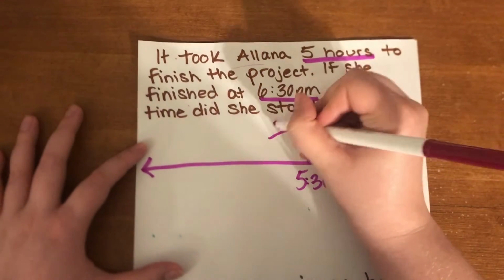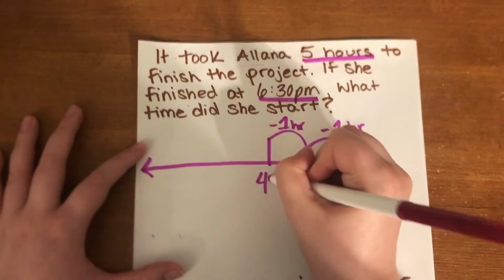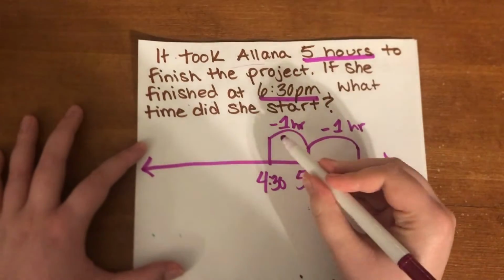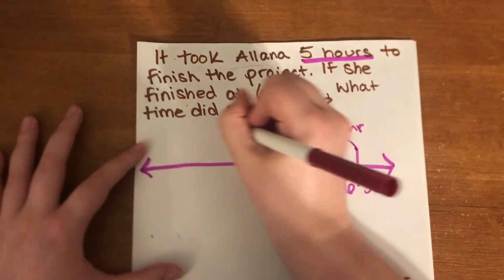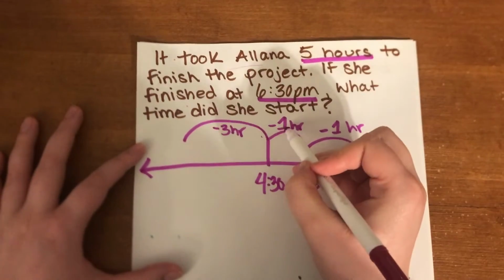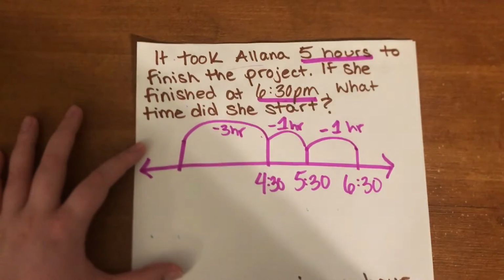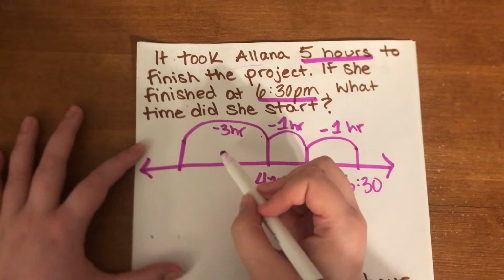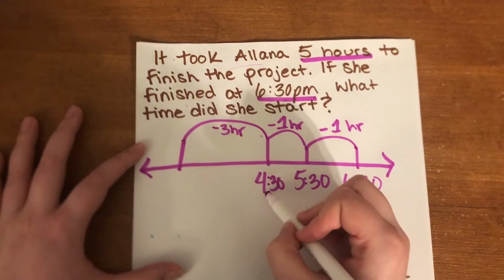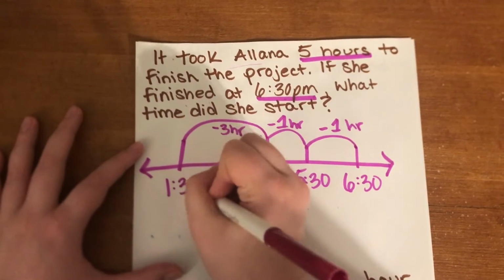Another hour would get me to 4:30, and I could keep doing this in hour jumps, or I could do one big 3-hour jump now, right? Because 1 plus 1 is 2, 2 plus 3 is 5, so that would get me to my end time. So she started at 4:30, 3:30, 2:30, 1:30.